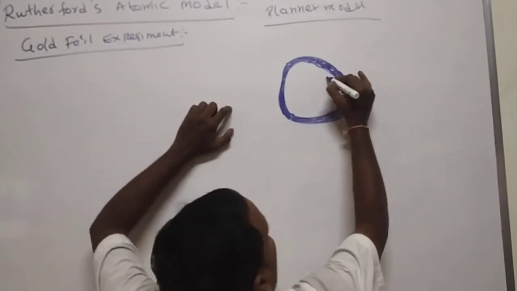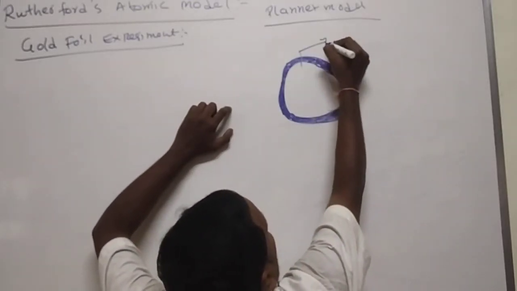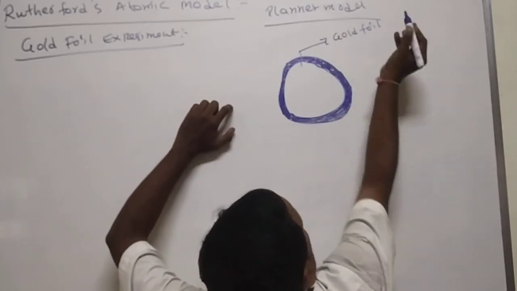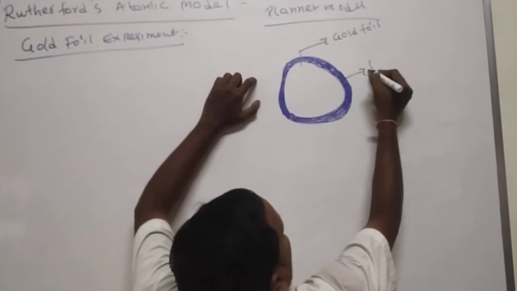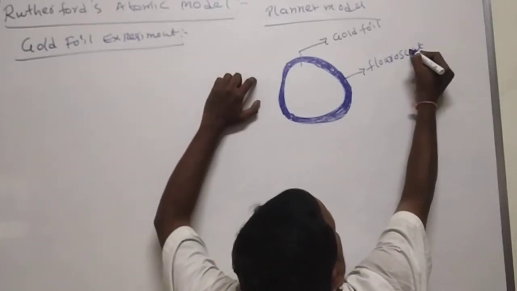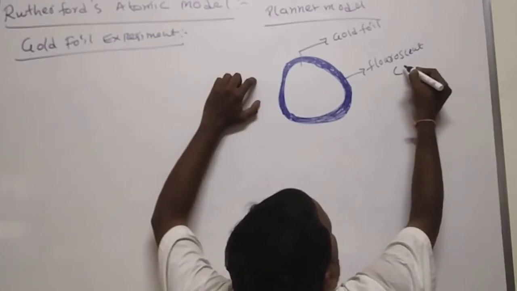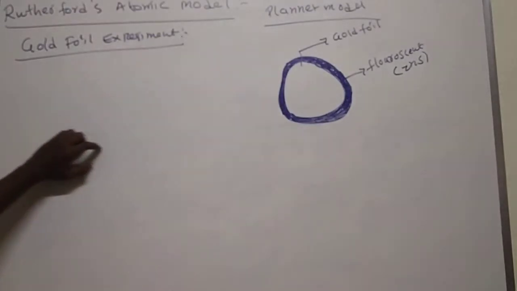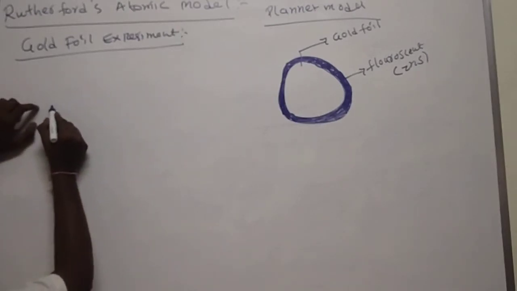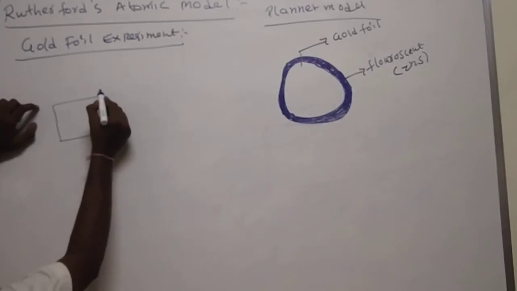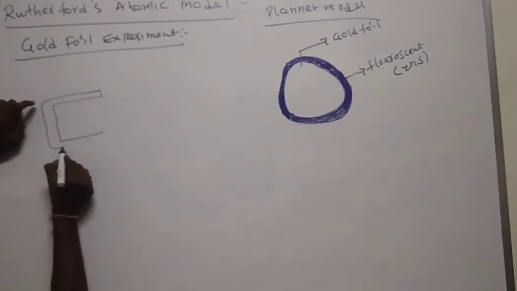Here this is a gold foil. Gold foil means gold paper. This is the fluorescent material, prepared using zinc sulfide. Then on one more side, here we have the alpha particle ejector.